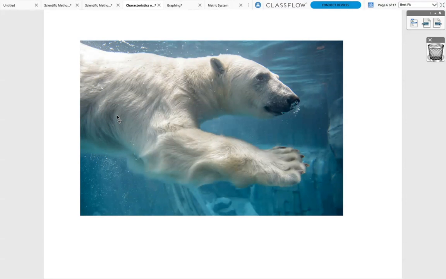He is adapted to living in a wintry environment. Notice his big paws here. They're almost like built-in snowshoes for walking on top of a snowy ground or a big area of packed snow. So he is perfectly adapted. He is evolved to be a top predator in his environment.